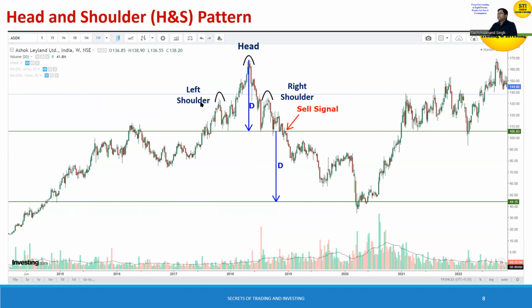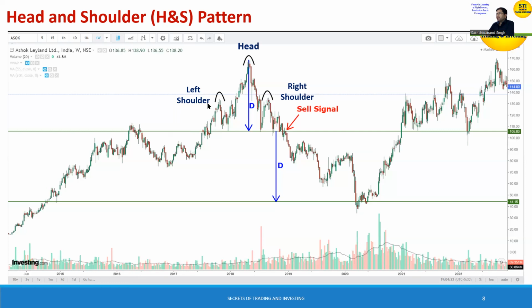But before that, if you look, I have just highlighted the peak of the chart, which is the head, and the left and right are the two smaller peaks. Both sides may not always be at the same level. It may be possible that there is a little difference in the height of these lower shoulders.